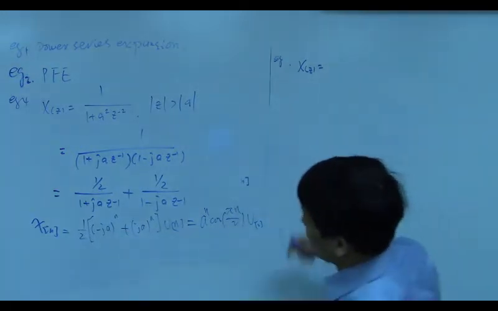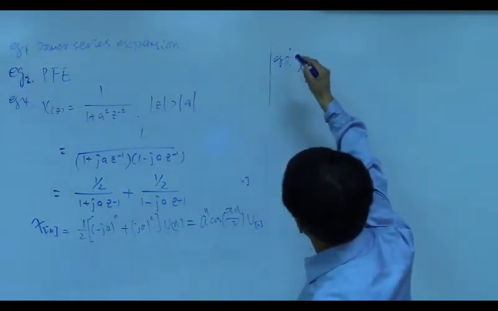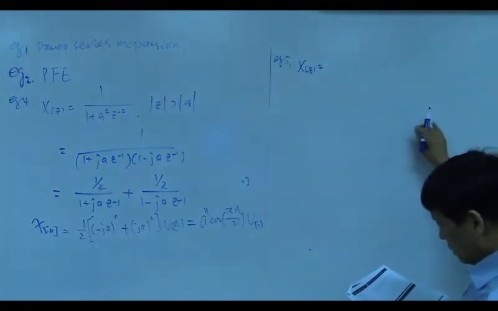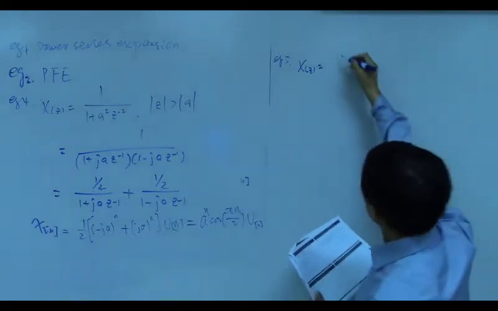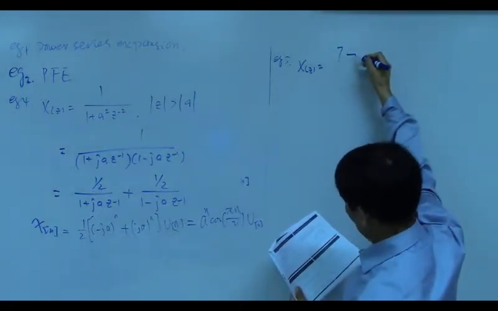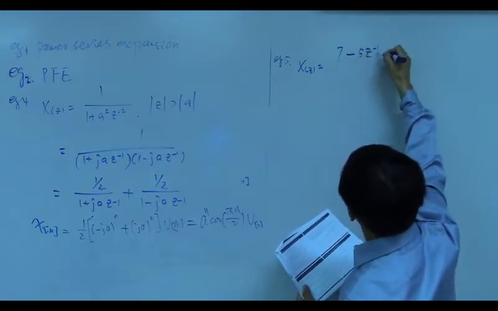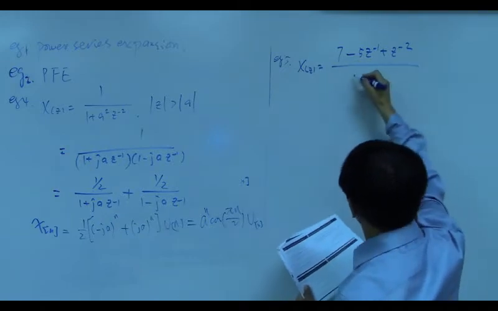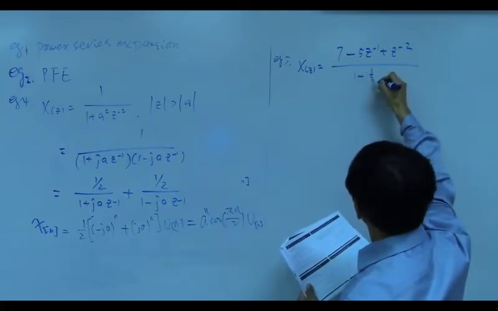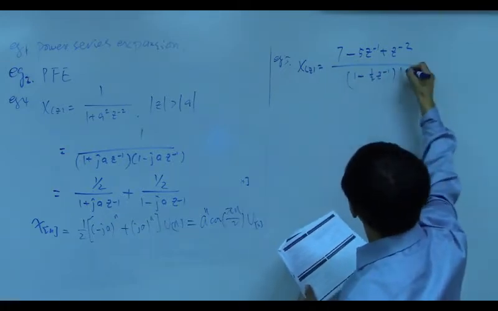This is example 5. Xz equals 7 minus 5 z to the negative 1 plus z to the negative 2, over 1 minus half z to the negative 1, to the cube.